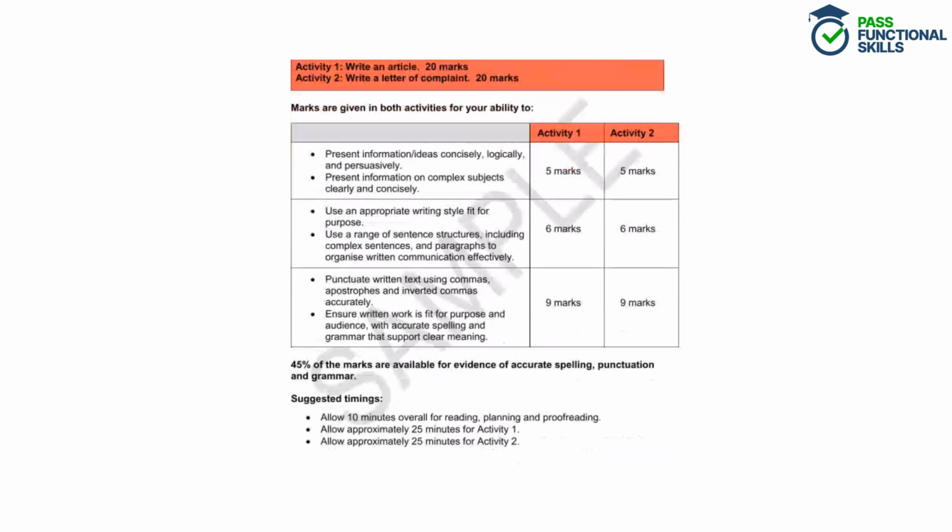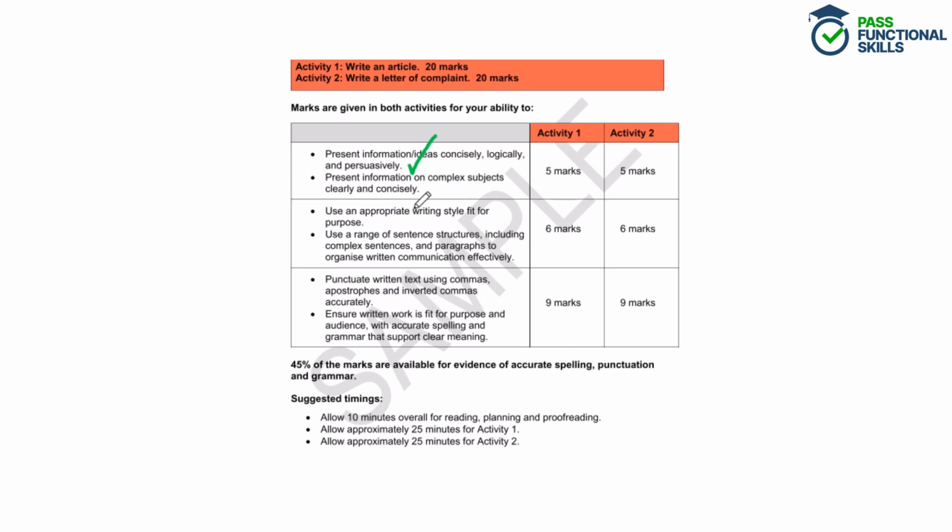So in the question, we have been asked to present information and ideas concisely, logically and persuasively, and we have definitely done that. We've got persuasive techniques that have been used throughout to convince the reader that they should join this litter pick. We've presented information on complex subjects clearly and concisely.